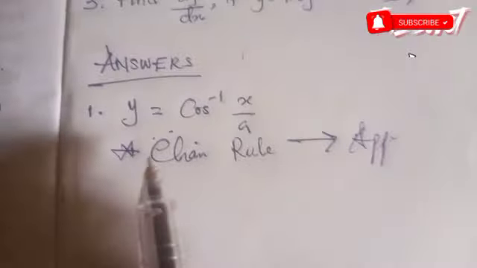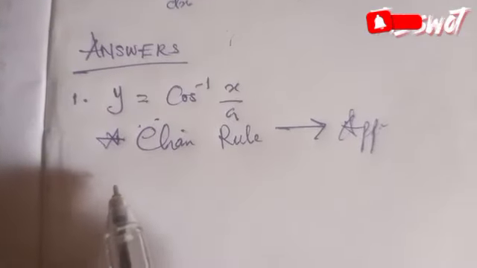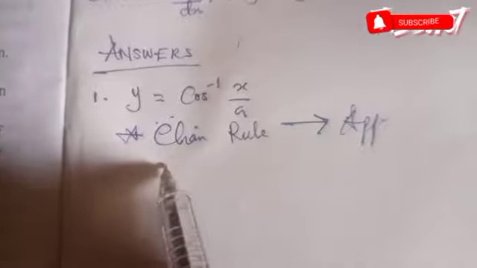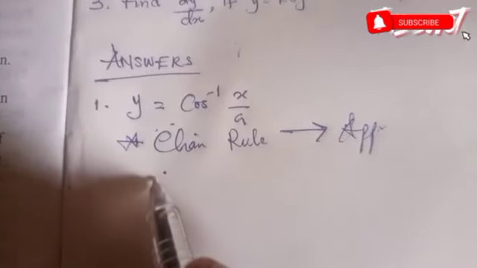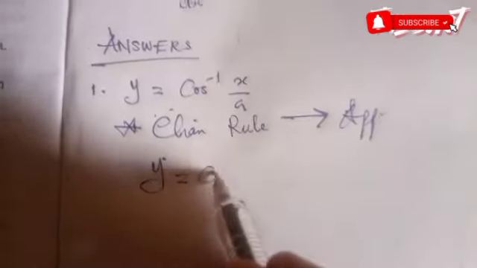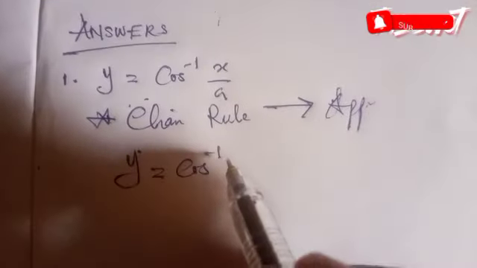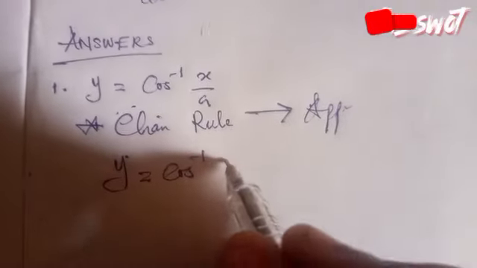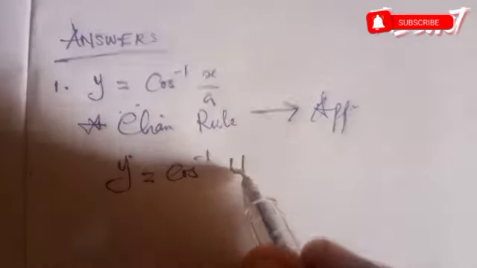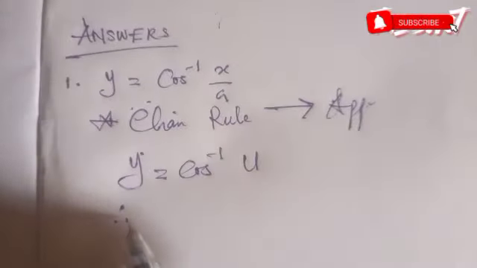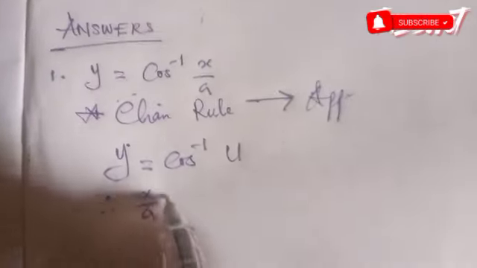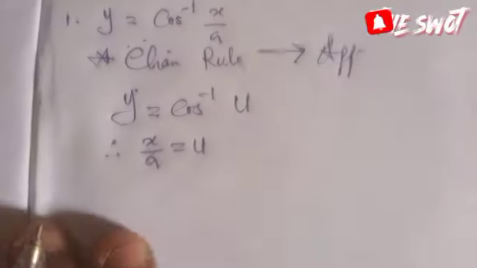So from here, y equals cos inverse of u, meaning that our x over a is our u. Do you get that now?